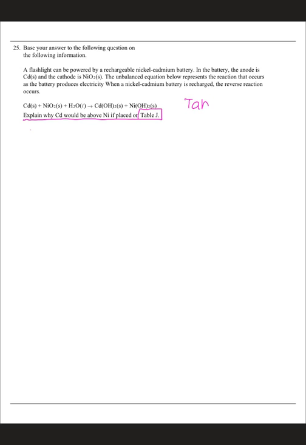So table J is the activity series, and it gives us a list of metals on the left-hand side. And the metals that are higher up are more active or reactive than the metals that are below them, and they will replace them. A more active metal can replace an element that's placed below it.